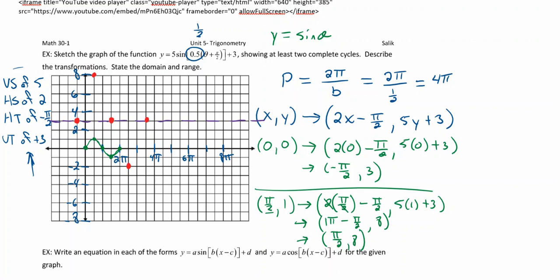You know what? For time's sake, since this video could be getting a little bit longer, I will do that. But just know I could have also taken this point, and I would have ended up here. I could have taken this point, and I would have ended up at the new minimum. And then that point, and I would have ended up at the new maximum, or sorry, the end of the period there.